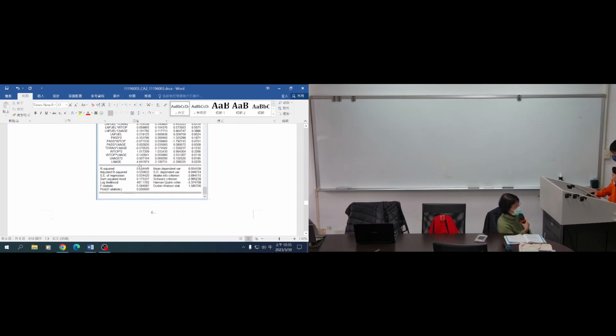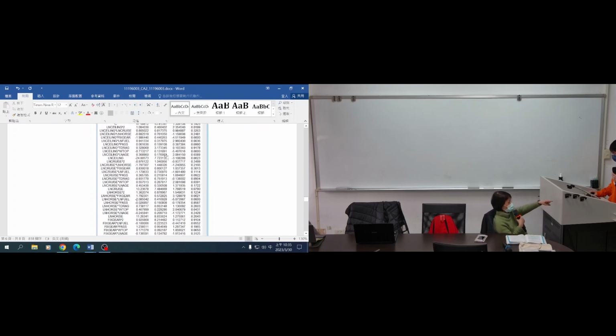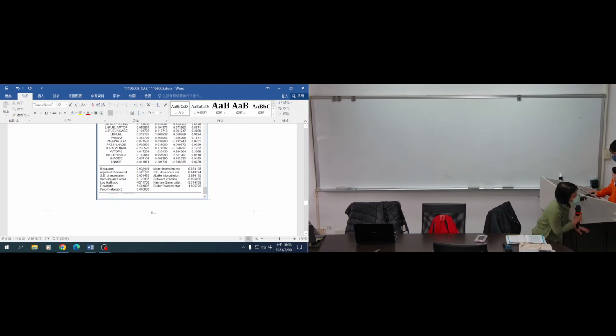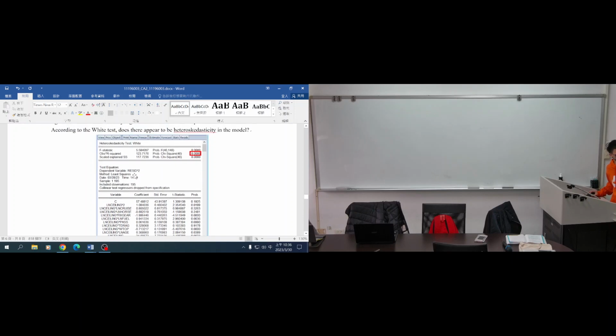I don't know if the R square here is important or not. Look at the upper part. We have this R square, right? Then go up again, then look at this one. Use the number of observations times R square. How many observations do we have? 195.